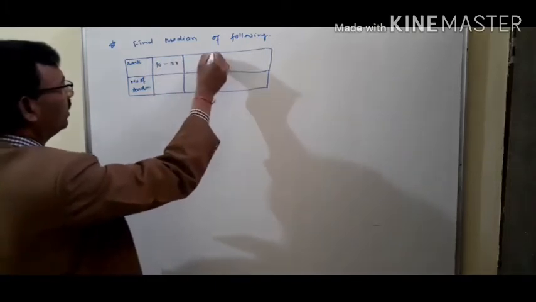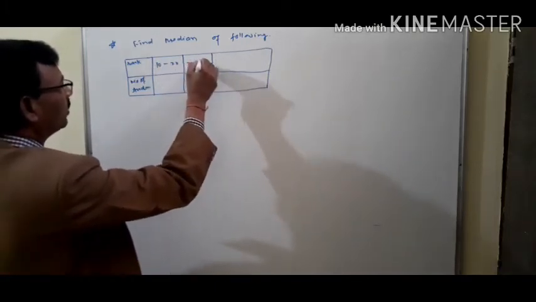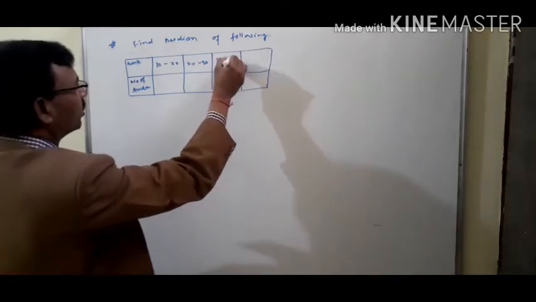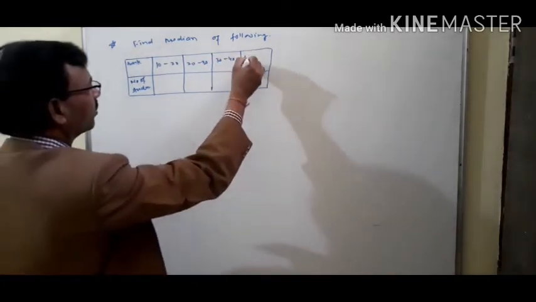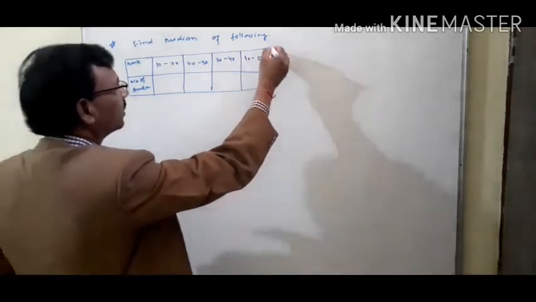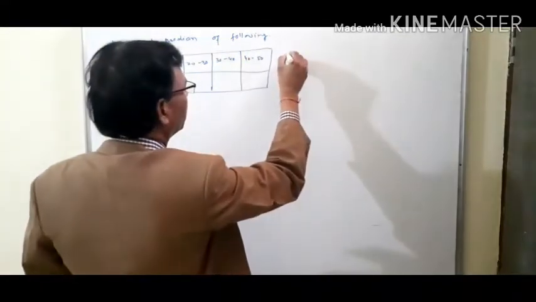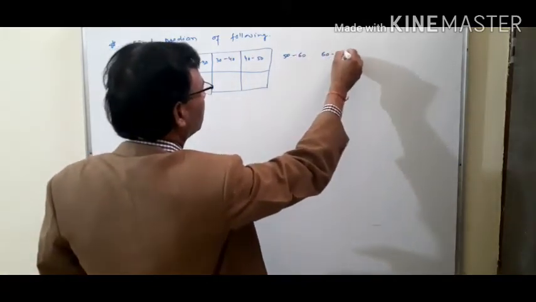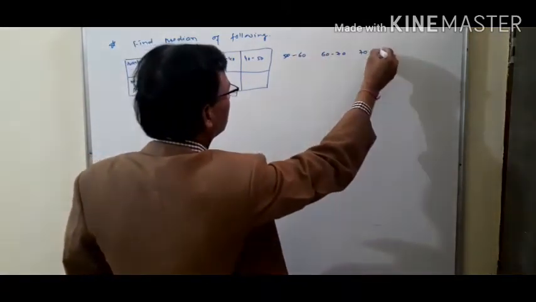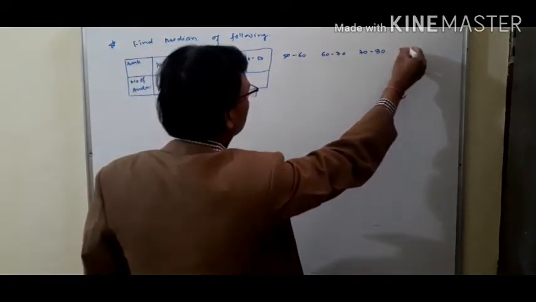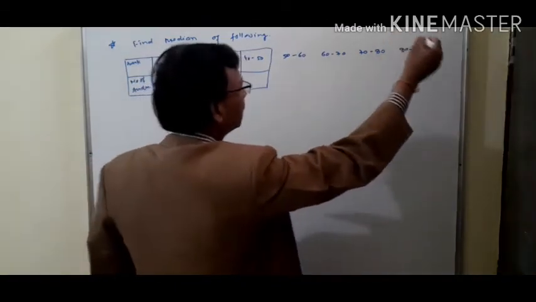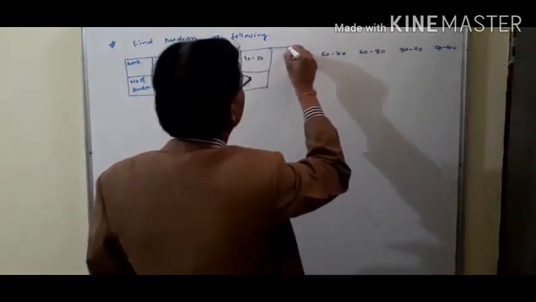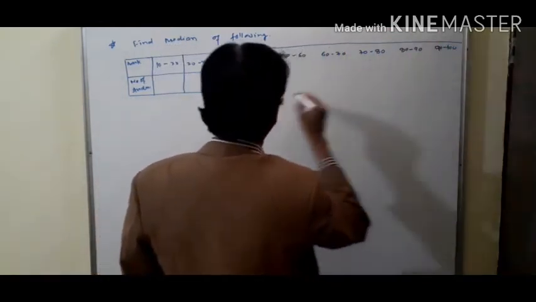Marks: 10 to 20, 20 to 30, 30 to 40, 40 to 50, 50 to 60, 60 to 70, 70 to 80, 80 to 90, and 90 to 100.